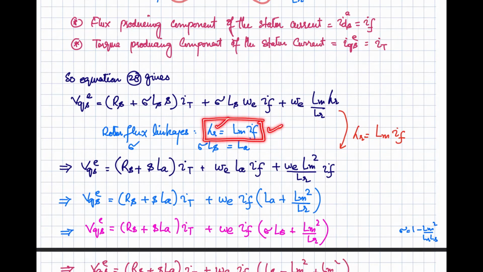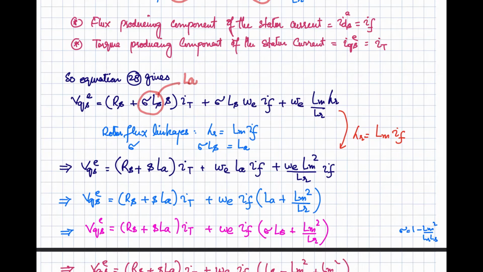So for the rotor side, it will be the product of the magnetization inductance and the field current. And we are going to define sigma into Ls as the armature inductance, represented as La. So we are going to define another variable, and this part will now be considered as La.